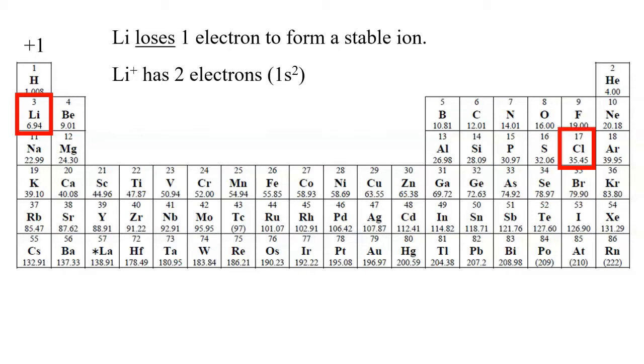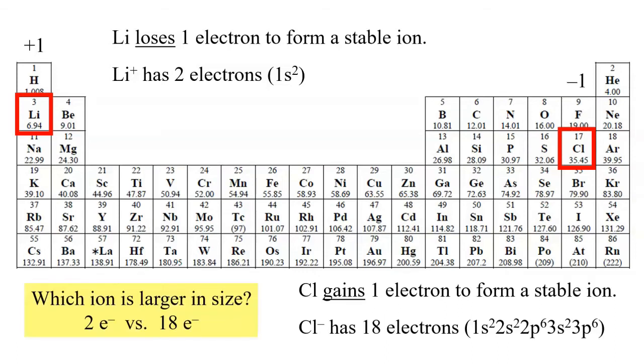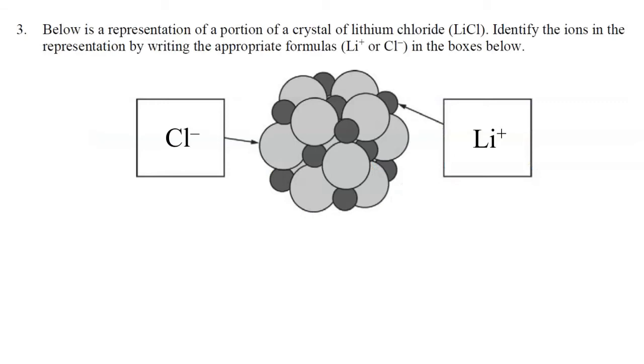The Cl atom has 17 electrons and it gains 1 electron, has a -1 charge. That means that the Cl- ion has 18 electrons. So in terms of which ion is larger in size, 2 versus 18, it's the Cl- that would be larger in size. And so therefore the Cl- is the larger ion and the Li+ is the smaller ion.